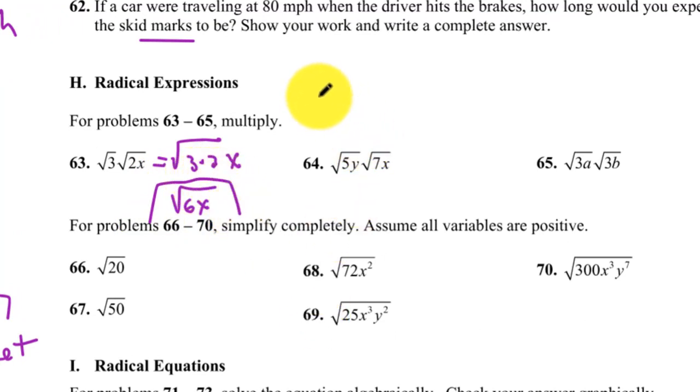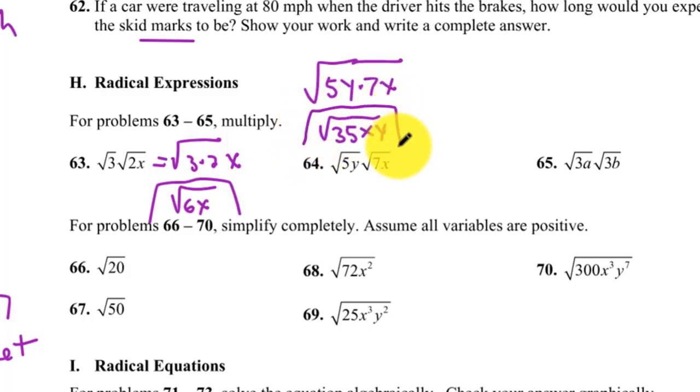That's my final answer, right? And if I do number 64, again, I can put all of this under the radical sign, 5y times 7x, right, to get 35xy as my final answer.